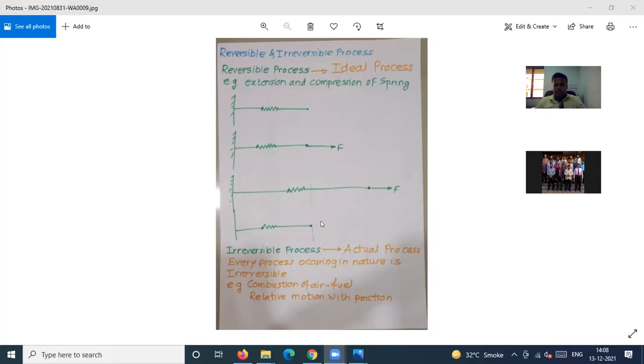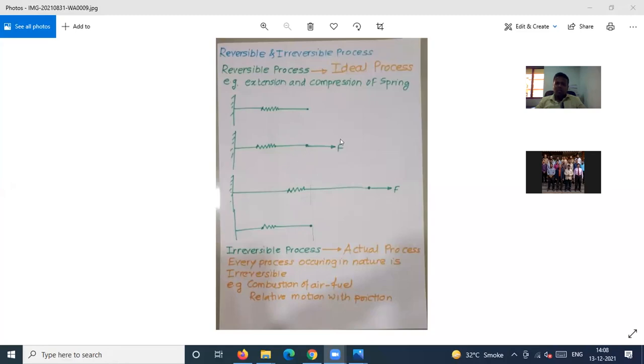That is the reason why the process is called a reversible process, right? So a simple example will be extension and compression of this spring.